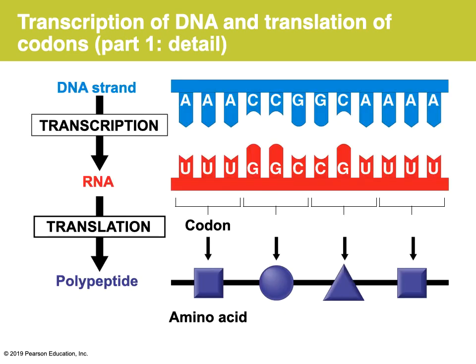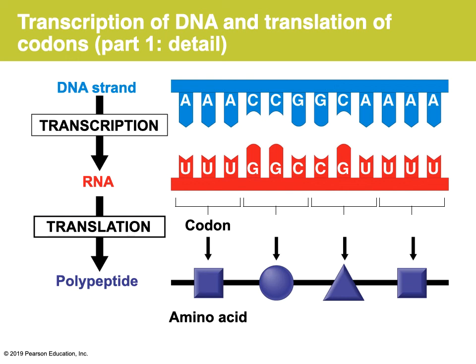So you're basically going, again, transcription, it's the same language. Then when you get to the ribosome, that RNA is going to be translated. So those codons, those groups of 3 bases, are going to get translated into individual amino acids.